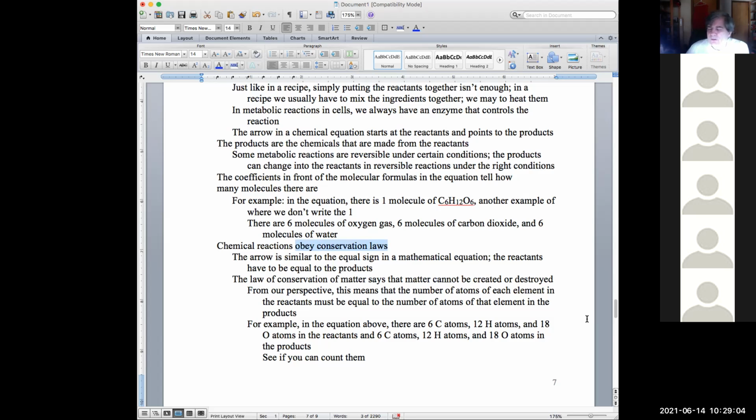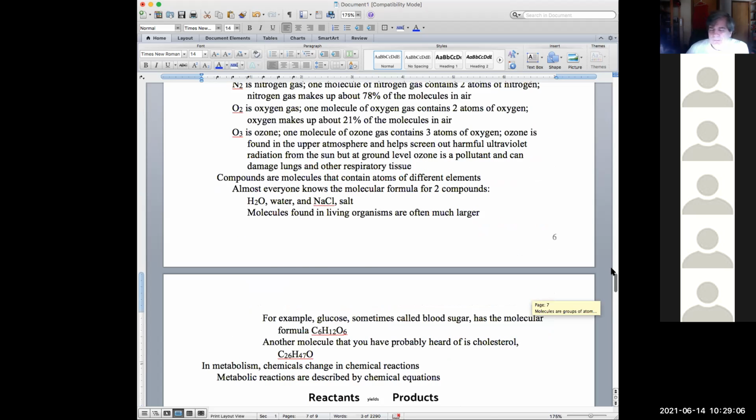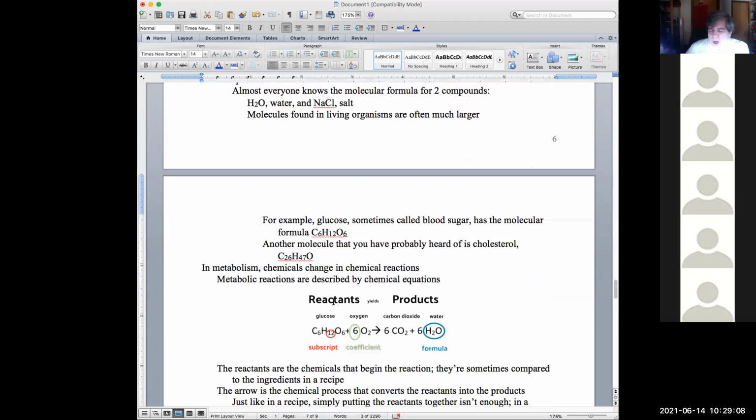If you conserve something, you save it. So the fact that the atoms of carbon and hydrogen and oxygen in the reactants are equal to the atoms of carbon and oxygen and hydrogen in the products, this is the law of conservation of matter. Remember that everything is made of matter or energy.